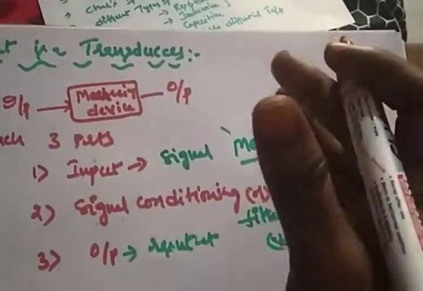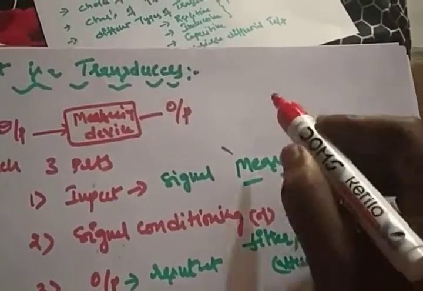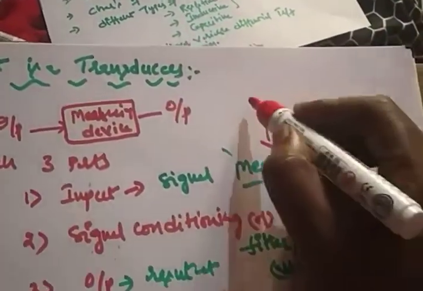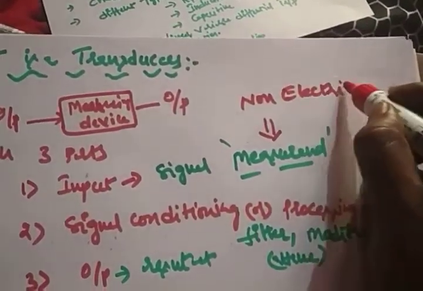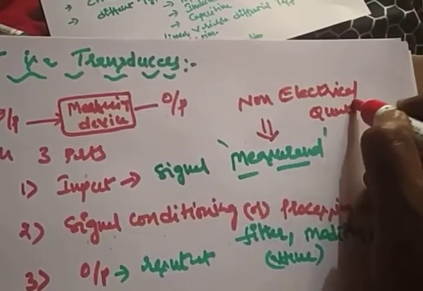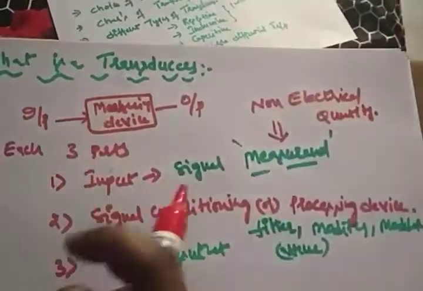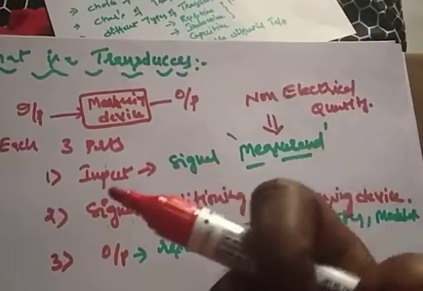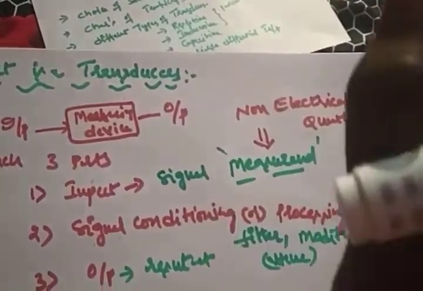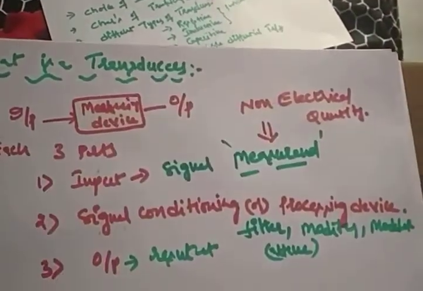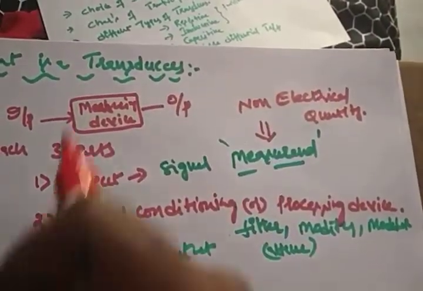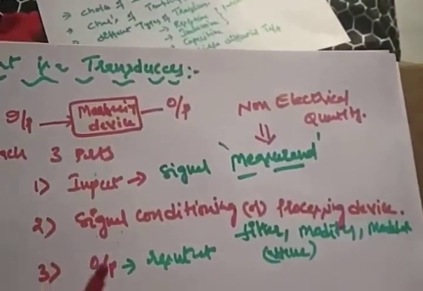In most of the cases, the signal that you are giving, the measurand, will be a non-electrical quantity. Most of the measurands, the input signals that you are giving, are non-electrical quantities, like pressure, temperature, liquid flow.